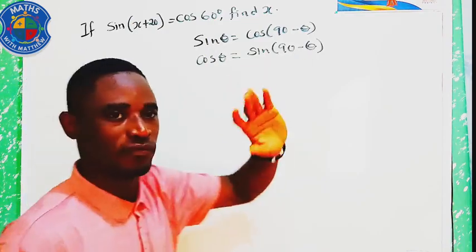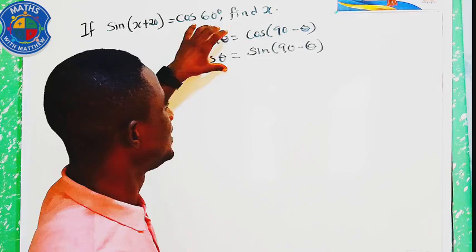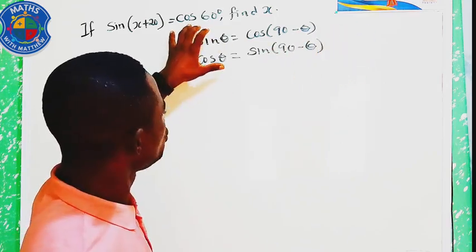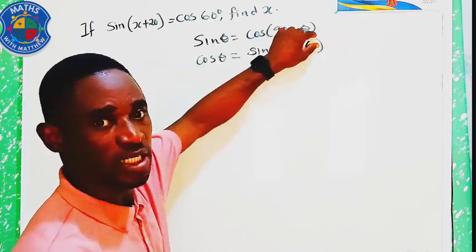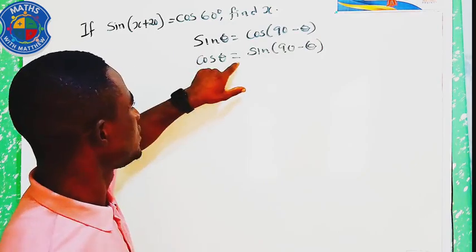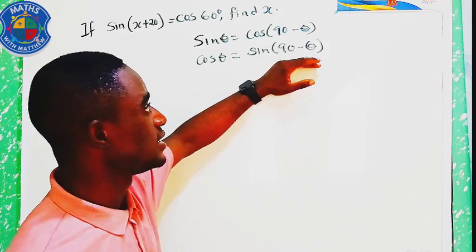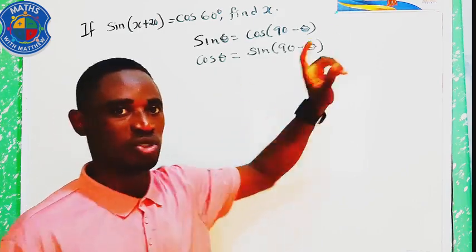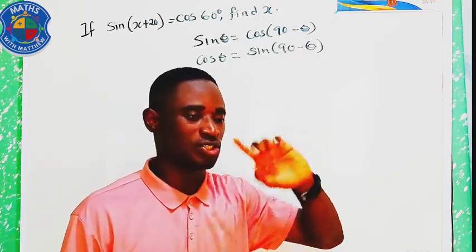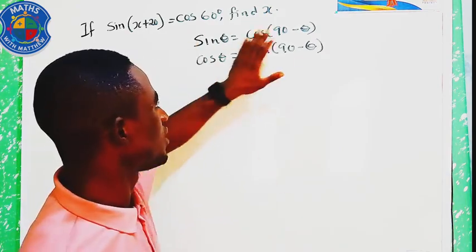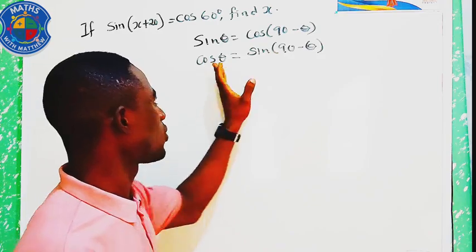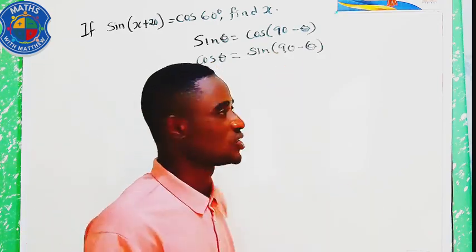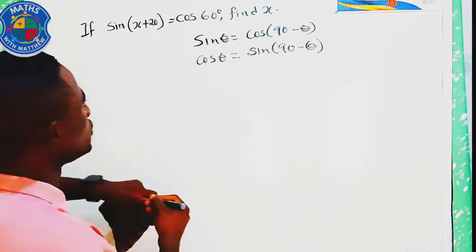Probably in my next video, I'm going to show how sin theta equals cos 90 minus theta, and how cos theta equals sin 90 minus theta. I'm going to try and do a video on this in my next video. So with this, let's go into the solution.